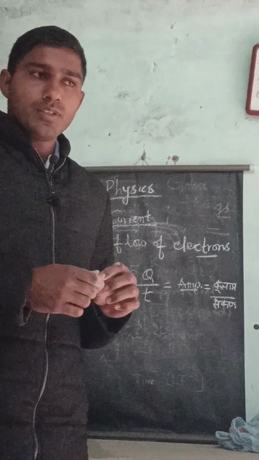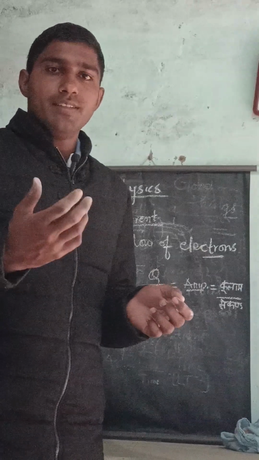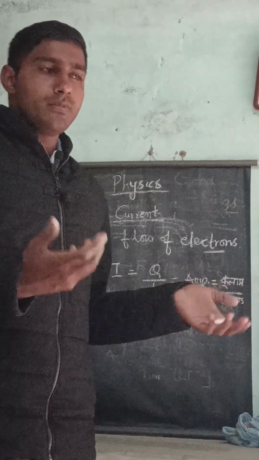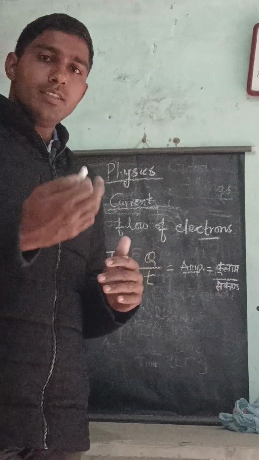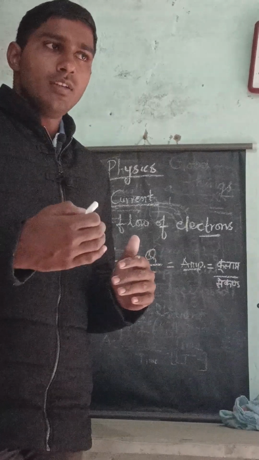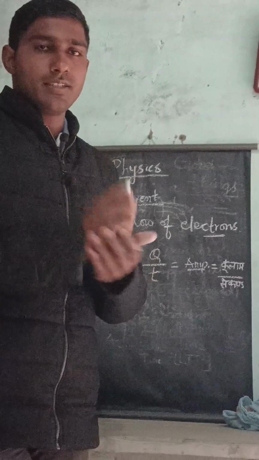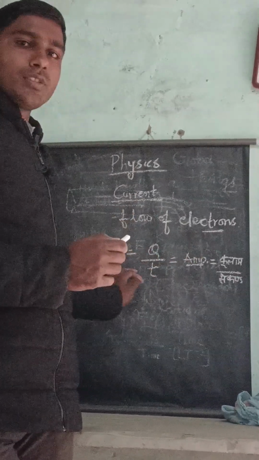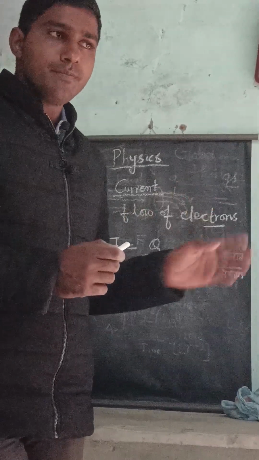If you are using a mobile phone, for charging it you need electricity or current, and when you use a laptop there is also a need for electricity, or other things where the basic work is dependent on electricity. So this is the basic concept of electricity we generally use in our life.